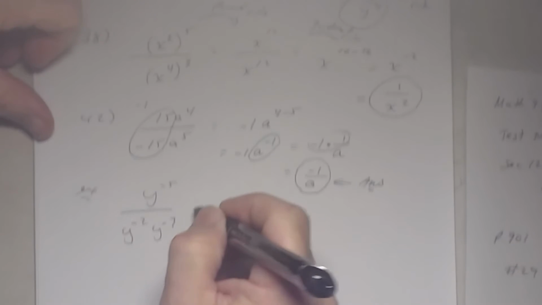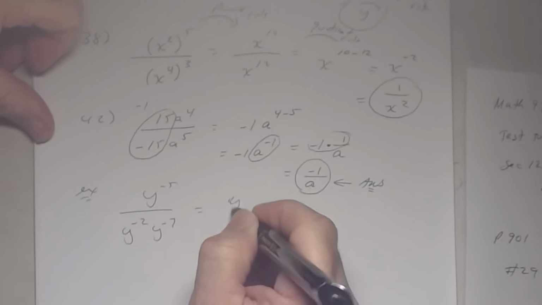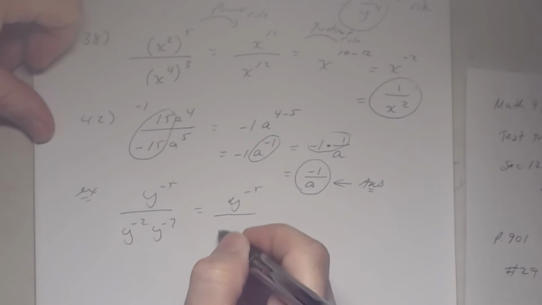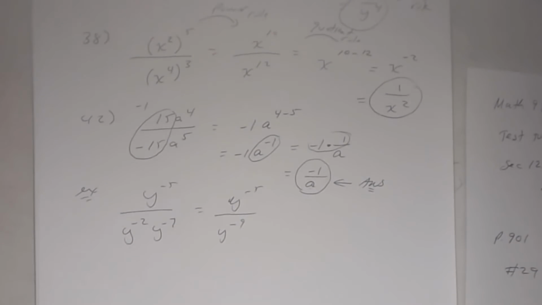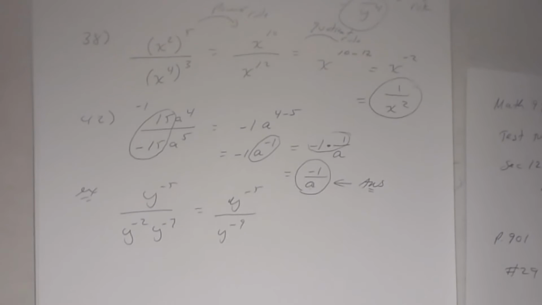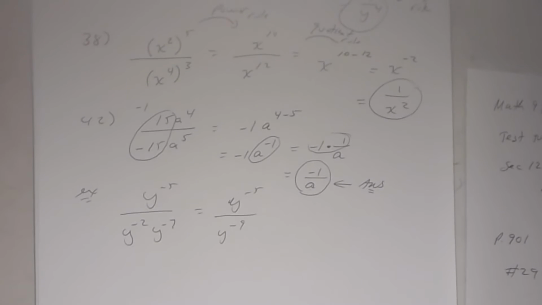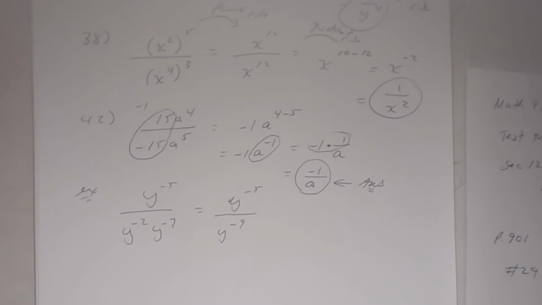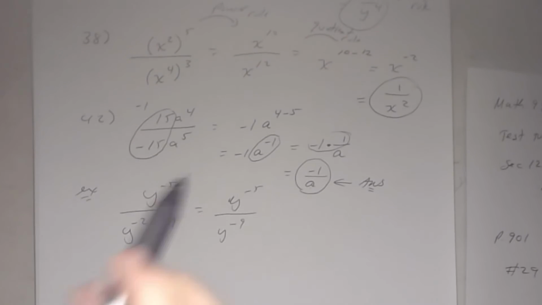Okay, so I have this. I have y to the negative 5th divided by, in the denominator, y to the negative 9. All right. Now what rule are you going to use? Not a power rule. Quotient rule. The power rule is where you have to have parentheses involved. There are no parentheses here. So the quotient rule. So I'm dividing like bases.